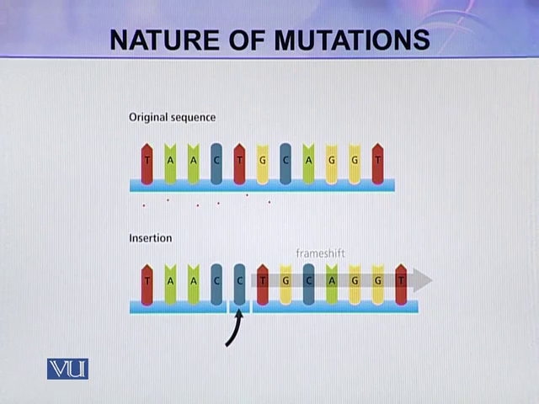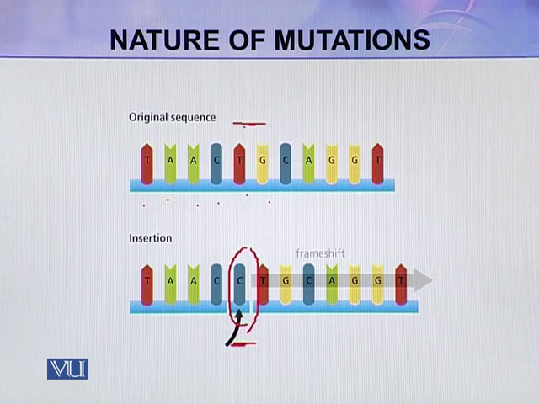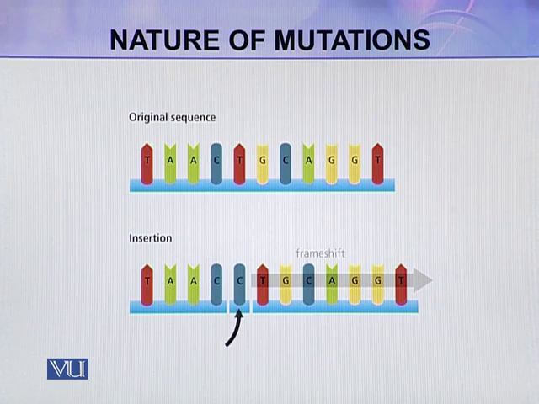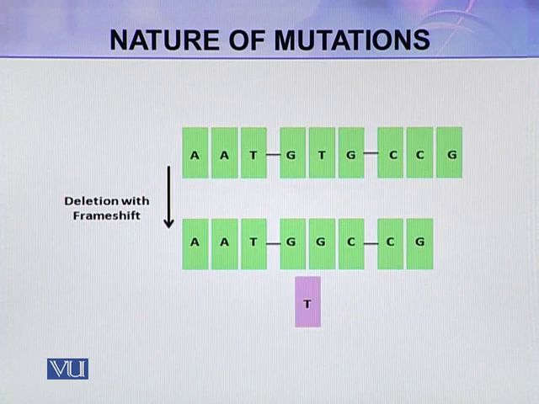This is an insertion where you can see this C. This was not present here in the original sequence, but now it is inserted. By the insertion of this single base, the whole rest of the sequence will be frame shifted. So this will disrupt the whole gene where this insertion has taken place.